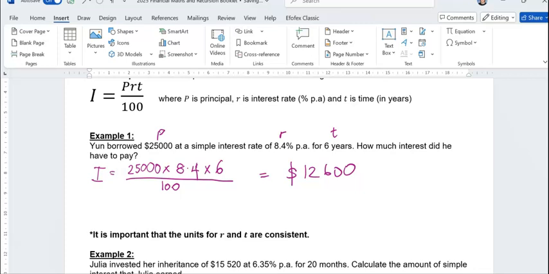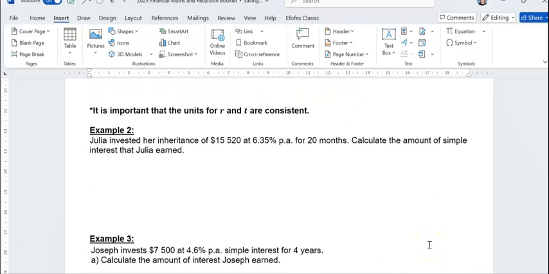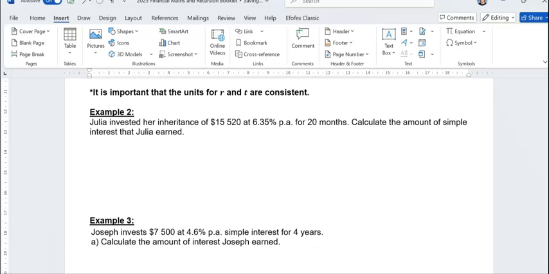Now, this is one of the questions here where we might have to do a little bit of adjusting. So you can see there that it's important that the units for the rate, so the interest rate, and the time are consistent. So if we're talking about the interest rate in example 2, you can see it's 6.35% per year, and we're talking in terms of time, 20 months.